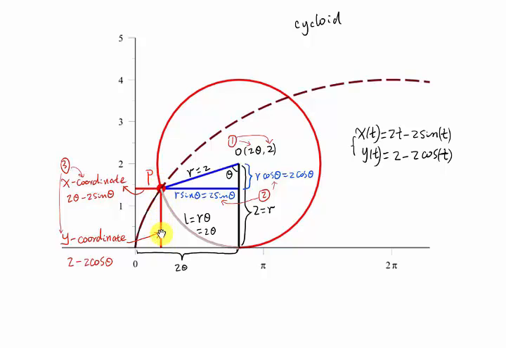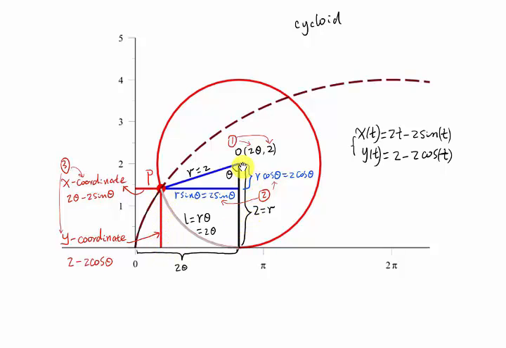The y-coordinate is this one. How long is that? That will be the black radius minus the blue mark on this leg. So that will be 2 minus 2 cosine theta, which will be equal to the red part.